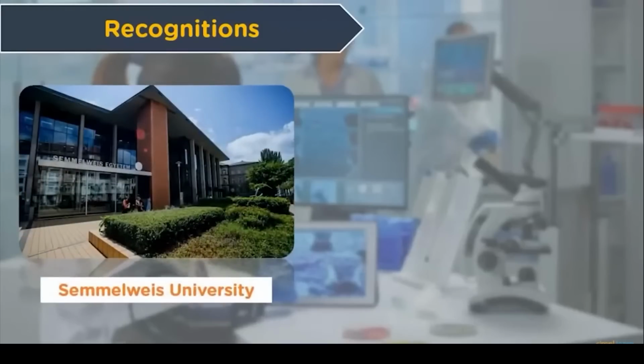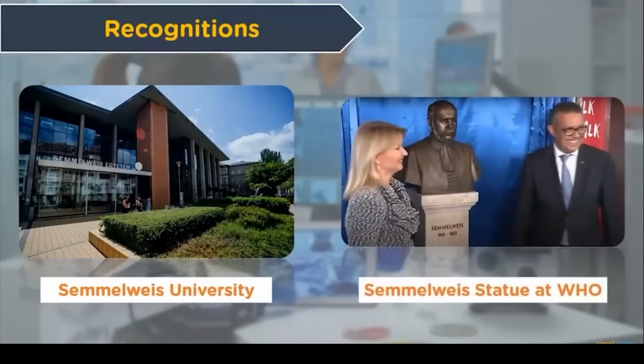The Budapest University, where Dr. Ignaz Semmelweis used to teach after getting terminated from Vienna General Hospital, is now named as Semmelweis University. In January 2019, the statue of Dr. Semmelweis was unveiled at the World Health Organization by the current Director General, Mr. Tedros. You can see on the right.